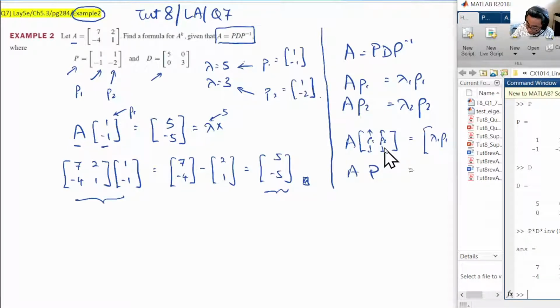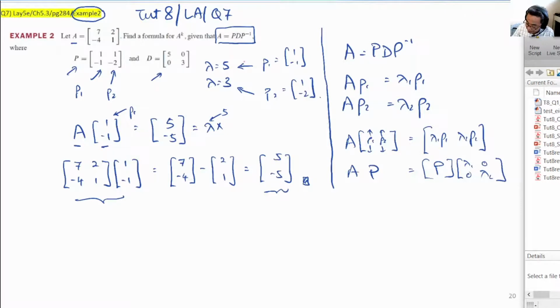Now this is equivalent to the matrix P times a diagonal matrix D, consisting of lambda 1 and lambda 2 on the diagonal. You can see for yourself that this is so when you open up P times the D matrix.